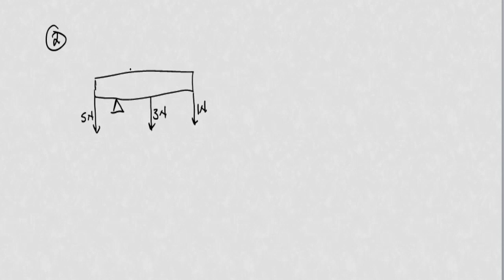Then what we're going to do is, from the pivot here, there is a distance. From here to there is a distance that we're going to call distance D. Then from the pivot to where the 3 newtons is, we're going to put another distance of 1 meter.